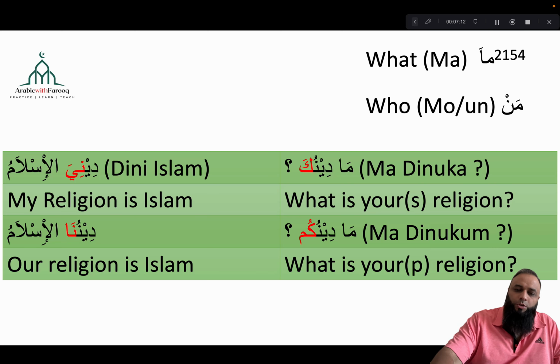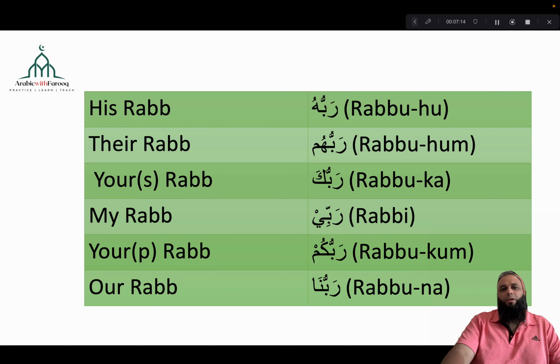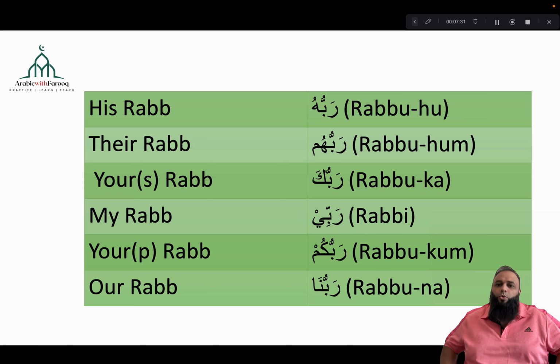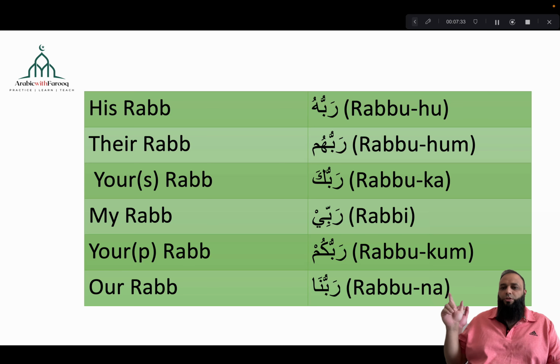Yeah, so what you need to do over here is practice Rabbuhu, Rabbuhum, similar to how you did huwa, hum, in the previous video. If you haven't watched that, please watch that video first. So that would make much more sense then.